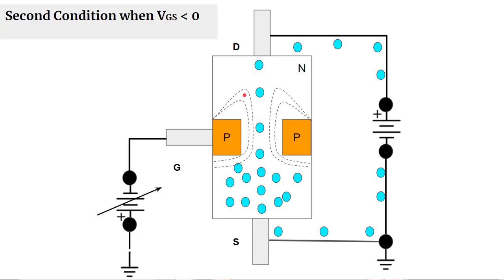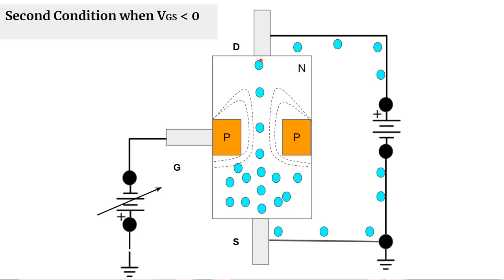But at this point, when you further increase the potential difference, the width of the channel is not decreasing because the electric fields of these two p-n junctions are repelling each other. So the width of this channel is the smallest it will ever be.